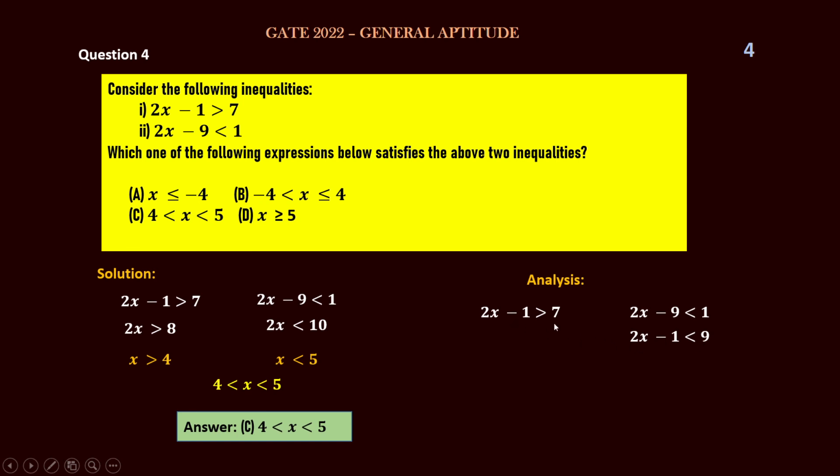So these two have equal terms: 2x minus 1 greater than 7, 2x minus 1 less than 9. Comparing these two inequalities, we can write the 2x minus 1 term as between 7 and 9. Thus we can analyze the problems.